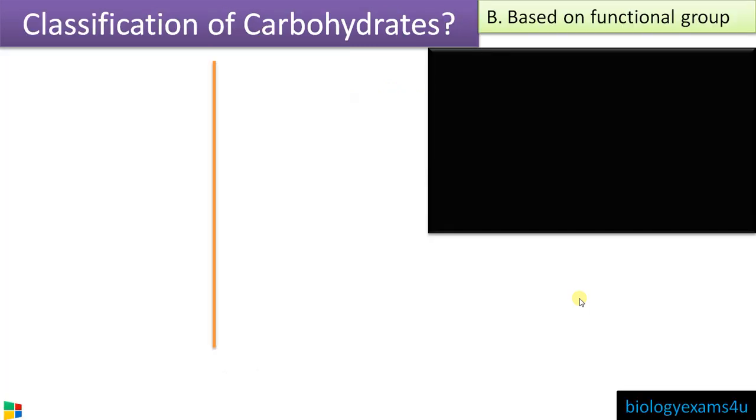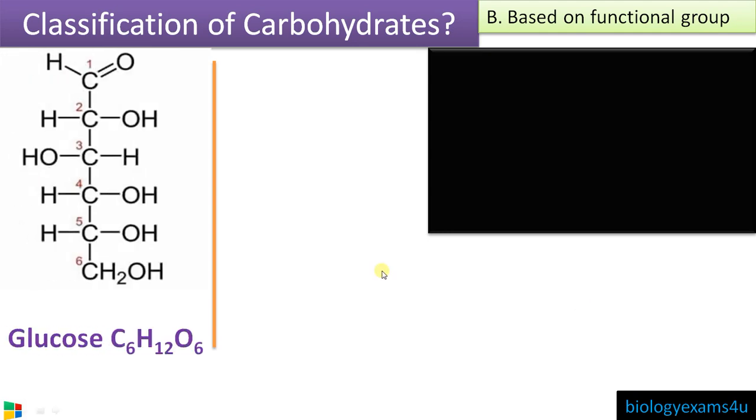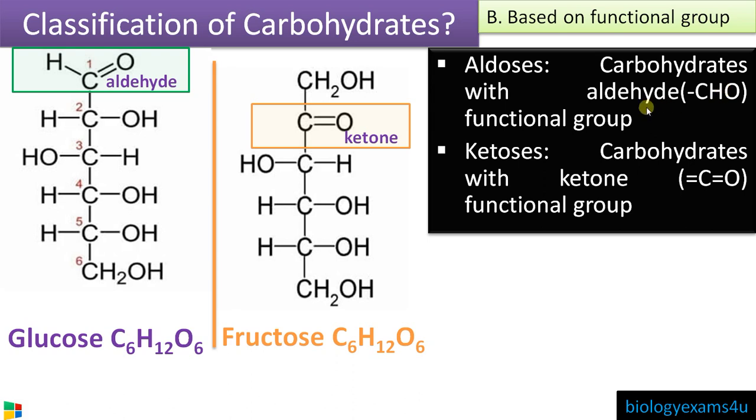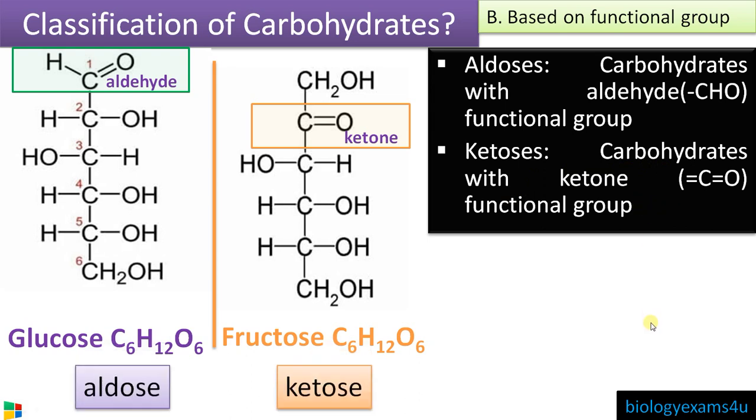Now the second type of classification of carbohydrates is based on functional group. We have already discussed that aldoses are carbohydrates with an aldehyde or CHO functional group, whereas ketoses are carbohydrates with a ketone or CO functional group. We have already discussed that topic in the first slide itself.